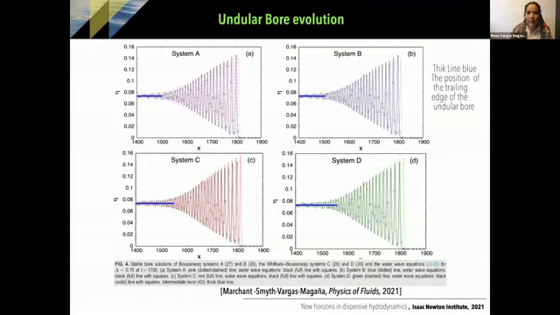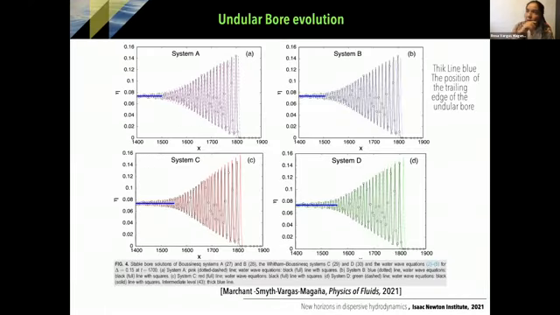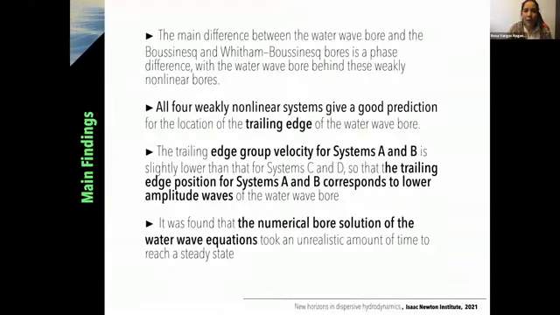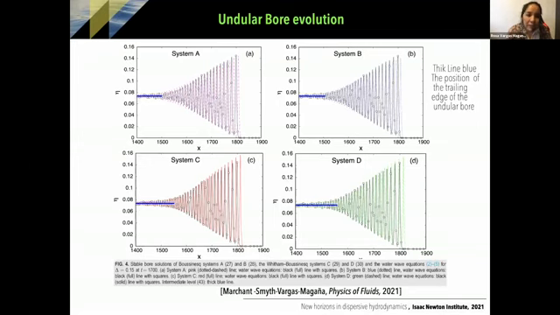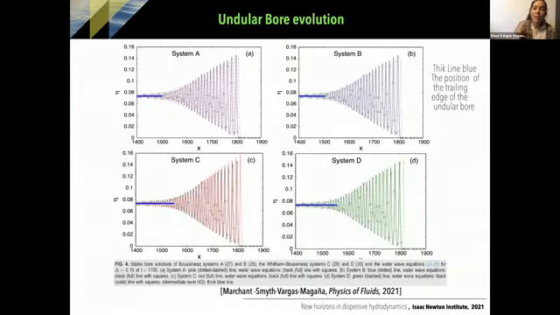The main finding here is that the water waves undular bores are a bit behind the other Boussinesq bores, and that the trailing edge is very well predicted, that you can see on the blue line, and that the amplitudes on the Boussinesq system that are at the top are lower than the amplitudes of the Whitham-Boussinesq system.